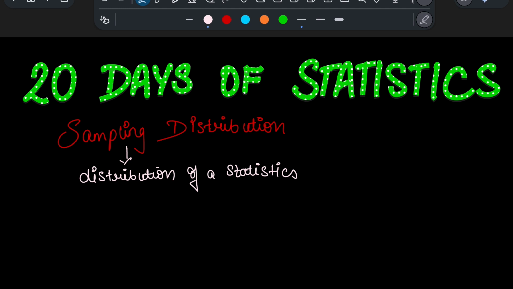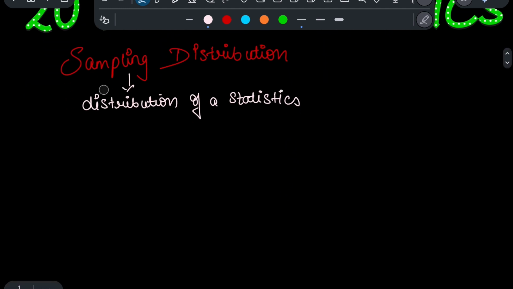So the key insight we draw from here is that individual data points may vary a lot, but the sample averages vary much less. Okay, so let me write that for you also. We take a sample, then compute the average.